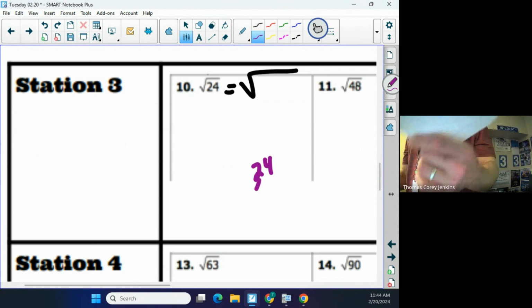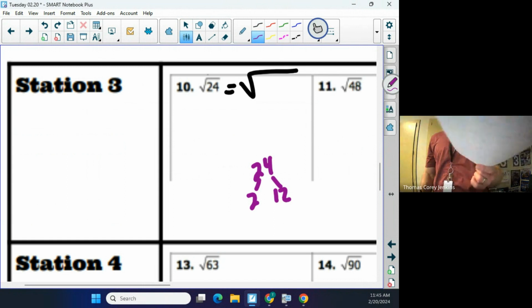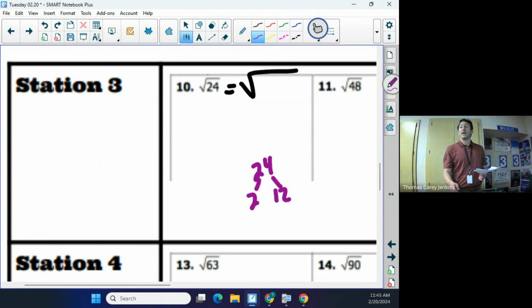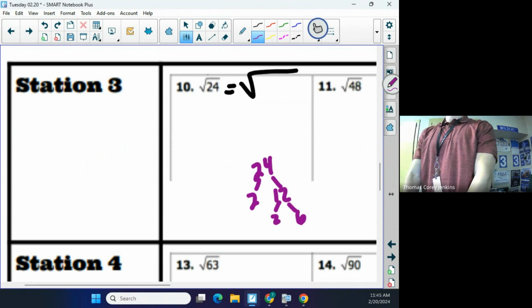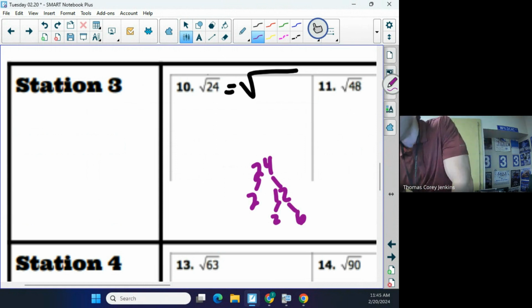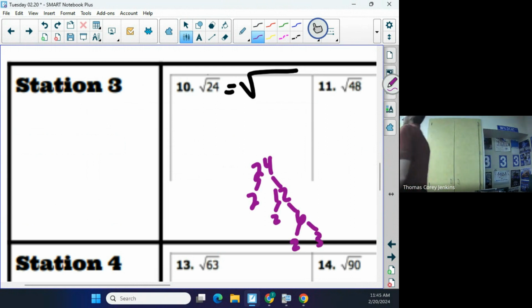If 2 goes into a number, that's a prime number you always want to start with, right? 2 goes into 24 12 times, or 2 times 12 equals 24. 12 is not prime. It's still even, so we take another 2 out. 2 times 6. And then 6, again, is even, so take as many 2s as you can. That would be 2 times 3. 3 is a prime number, so we know we're done at this point.